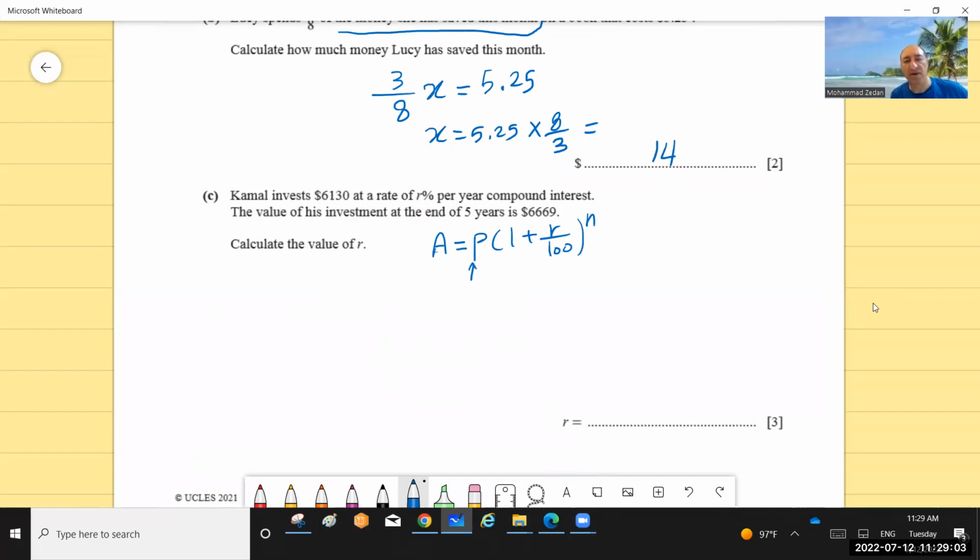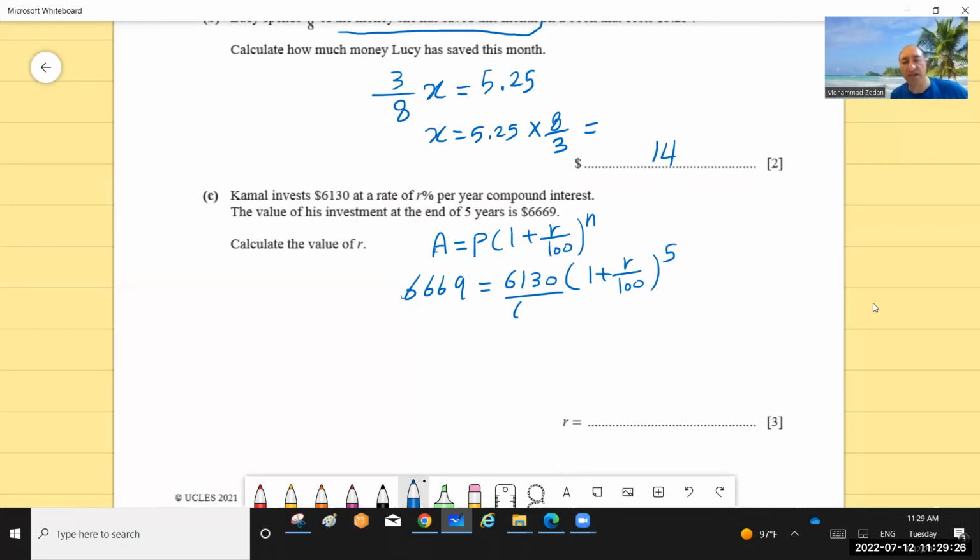Start with the principal. You can start with any side to be solved. Okay, so the final amount 6669 is equal to the principal 6130 times 1 plus r over 100 all to the power 5 years.